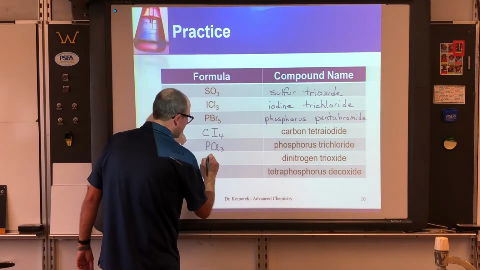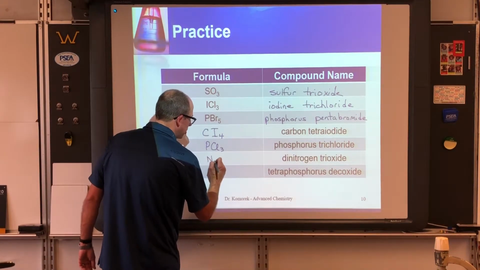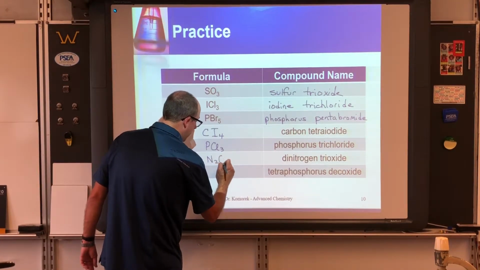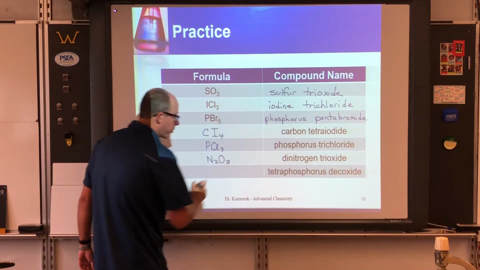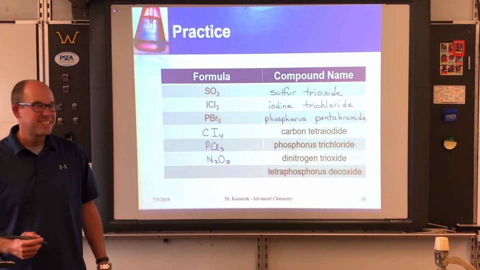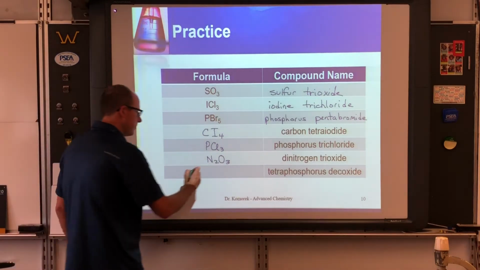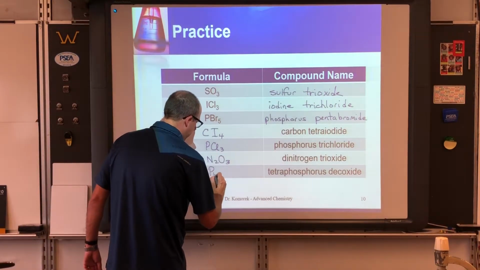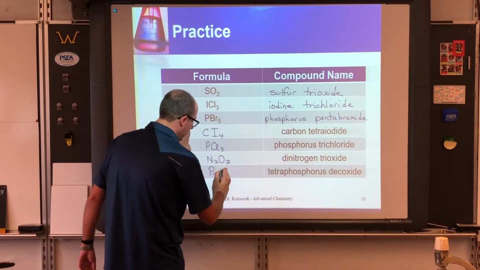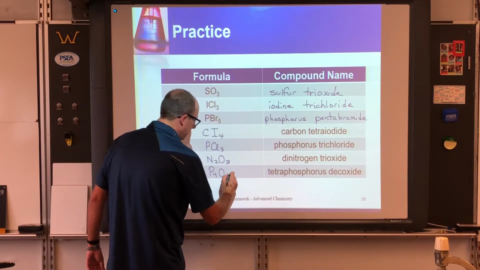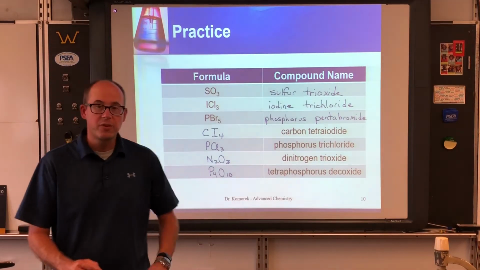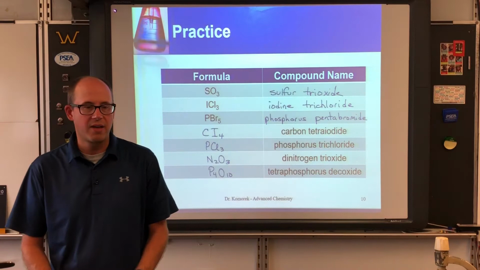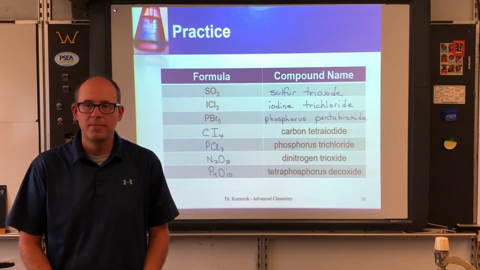Dinitrogen trioxide, dinitrogen means N2. Trioxide, O3, and we're done. For the last example, tetraphosphorus decoxide, P4, O10.